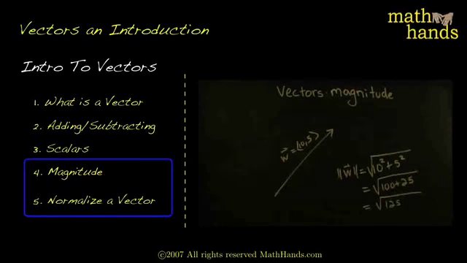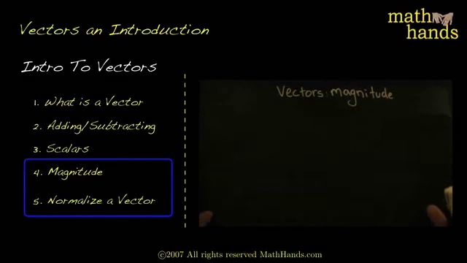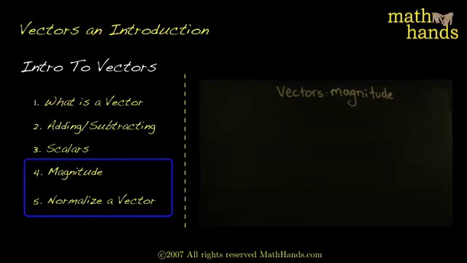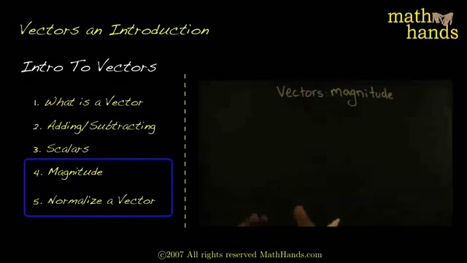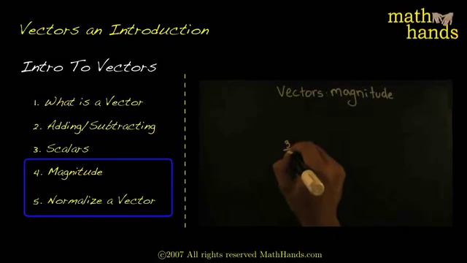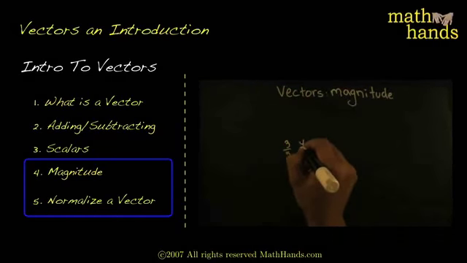This is actually a good time to review another really important concept. It is often desirable to look at vectors that have size 1. For example, 3 over 5, 4 over 5.